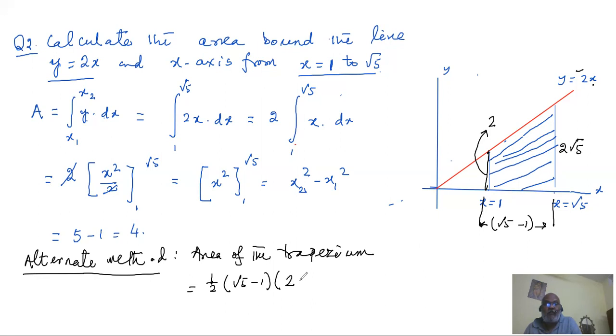Here height is root 5 minus 1, and the parallel sides are 2 and 2 root 5. From the second expression, you can take 2 common and that will cancel with this half. So that will be root 5 minus 1 into root 5 plus 1. You can clearly see the presence of a minus b and a plus b, so that is a square minus b square. If you do that, root 5 square minus 1, the area comes out as 4. Now that is verified.